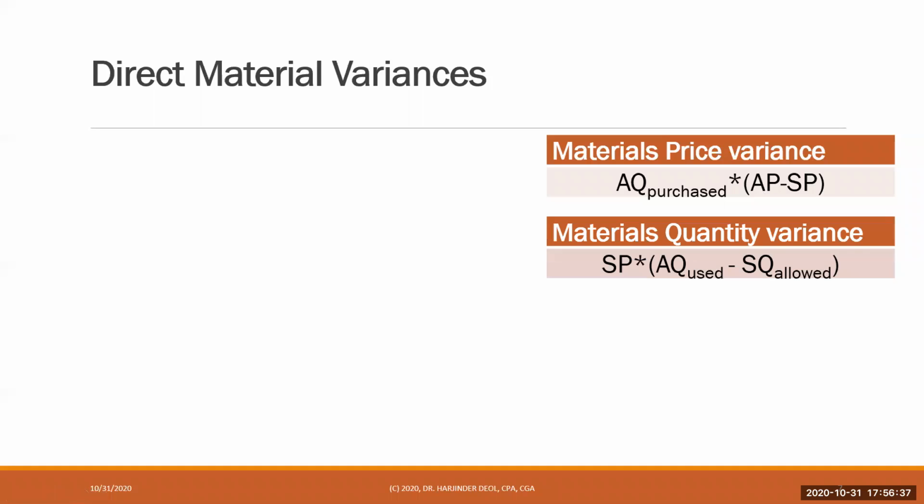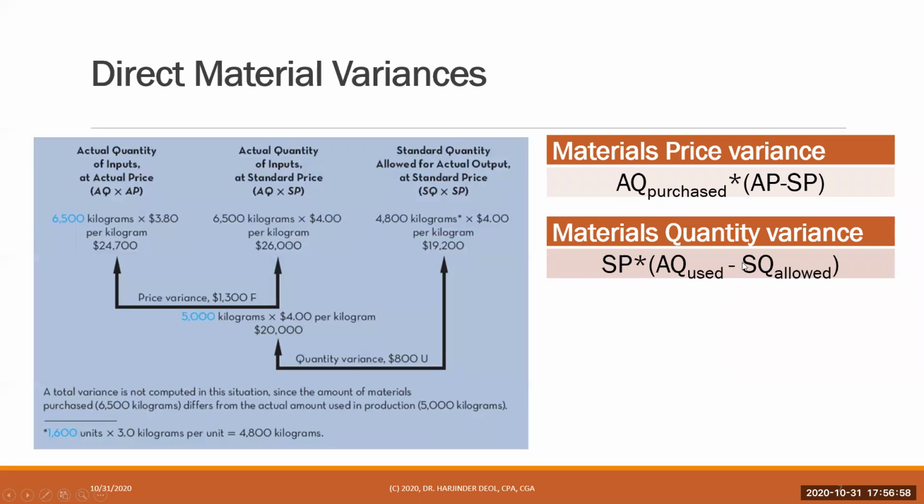The second variance we calculate for materials is called the materials quantity variance. And here, the variance is basically driven by the difference between the actual quantity of materials used and the standard quantity allowed for production. This calculation could be done in this manner as well.